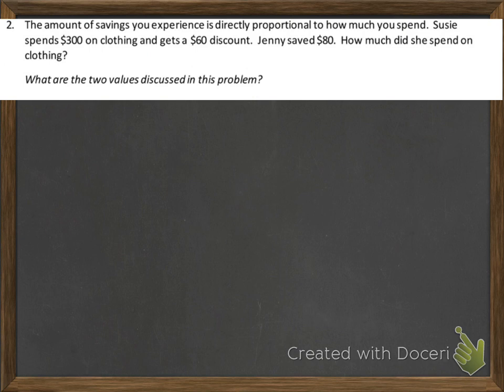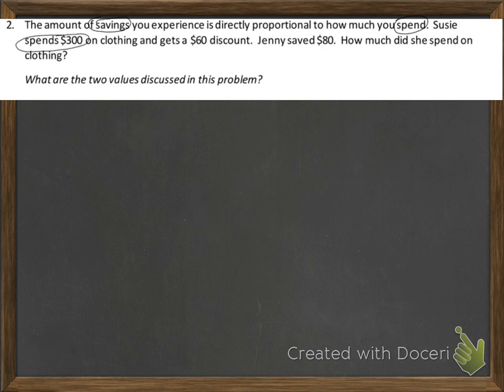All right, let's do another example. This problem says the amount of savings you experience is directly proportional to how much you spend. So savings and spending. I'll call savings SAV, and spending SP. Susie spends $300.